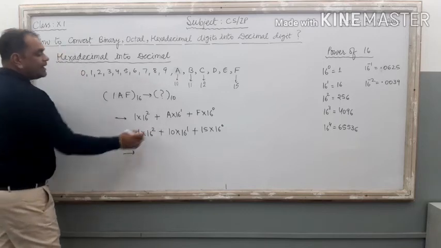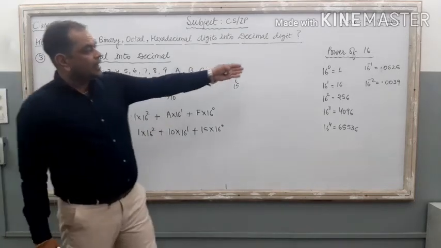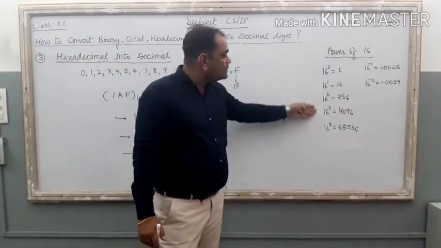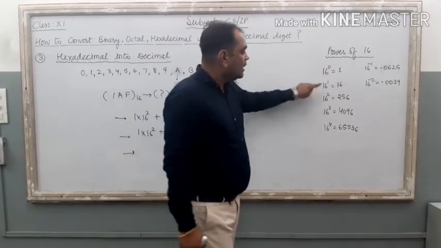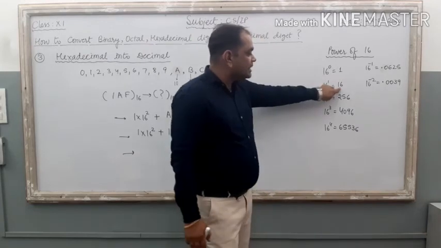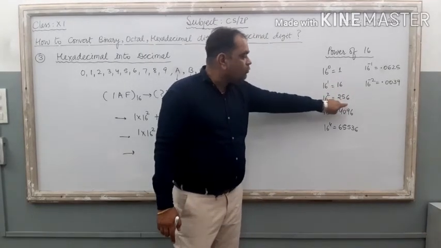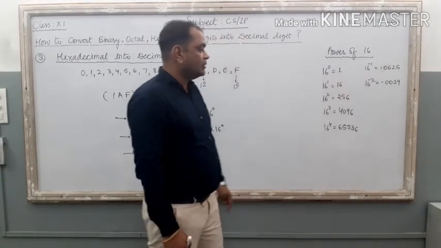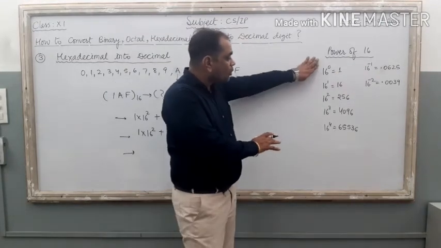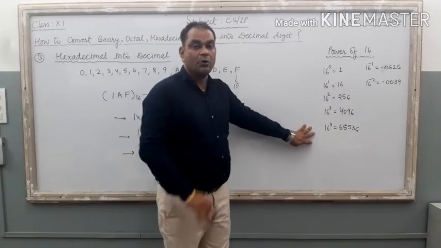1 into 16 raised to 2. Here on the next part of the board, I just wrote the powers of 16. 16 raised to 0 is 1. 16 power 1 is 16, then 16 squared is 256 and so on. And here you can see the negative powers of 16 also. Right? You have to draw this table in your notebook.